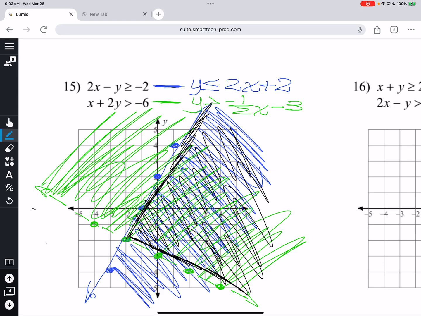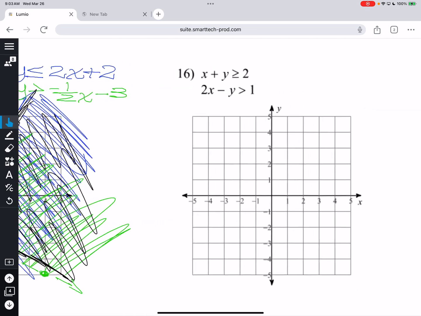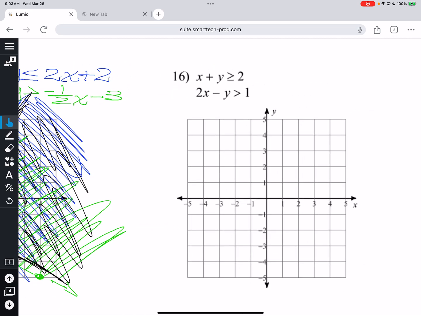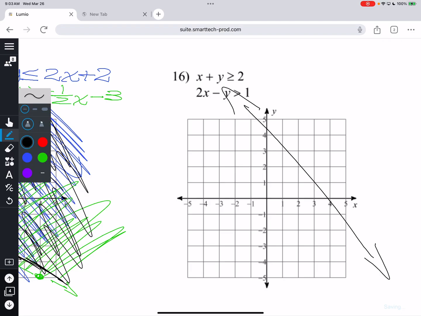But here's the deal. Let's say for 16 we did end up with the same slope. So we had one that looked like this, and we had another that looked like this.